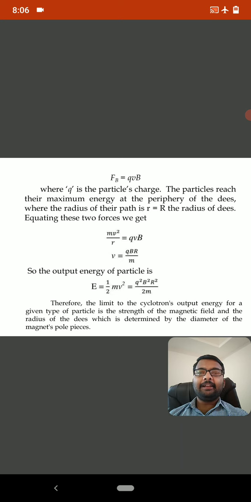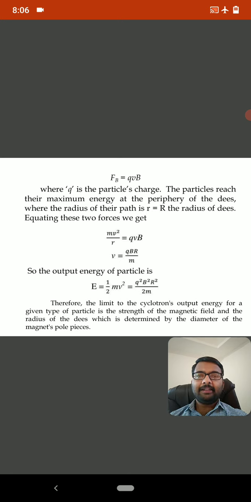So the particles reach their maximum energy at the periphery of the Ds, where the radius of their path, small r, is equal to capital R, the radius of the Ds.